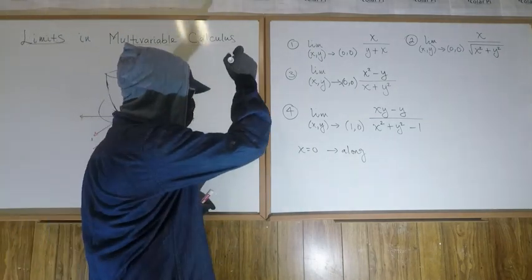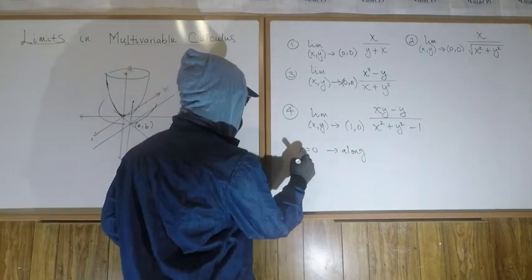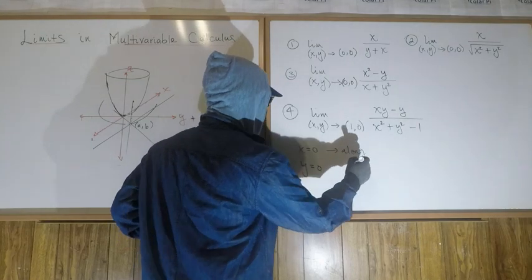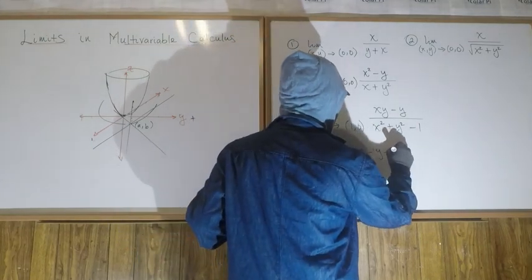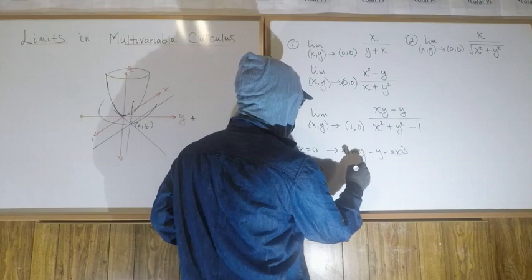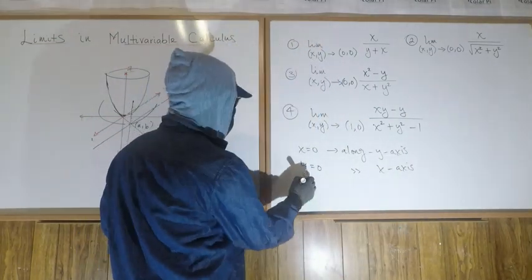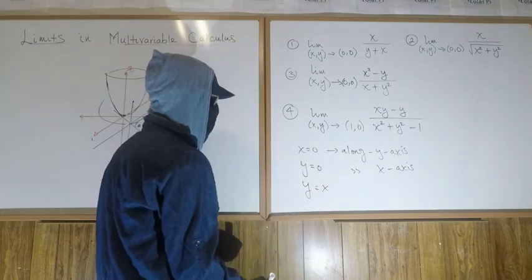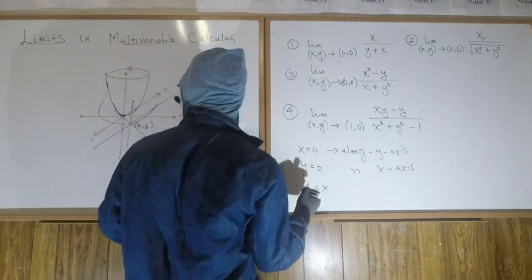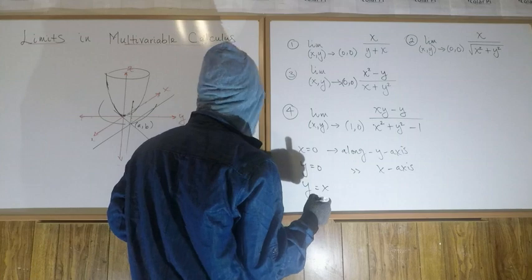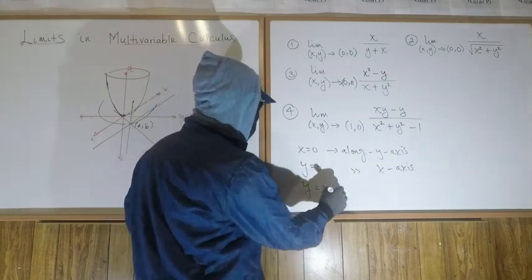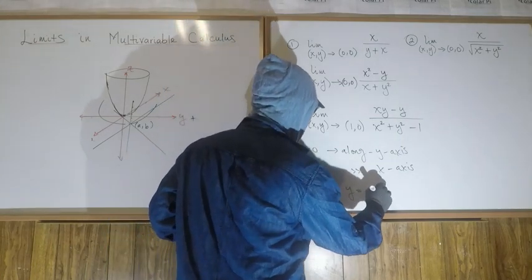Then approach it along y equals 0, which is along the x-axis. And then approach it along y equals x, so you know what that line looks like in the xy plane, and also along y equals negative x.